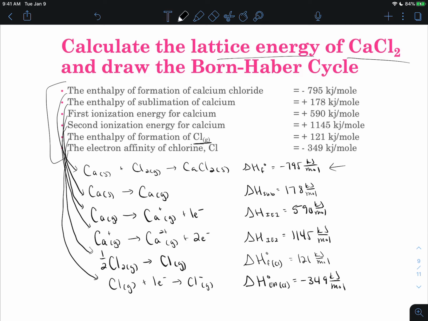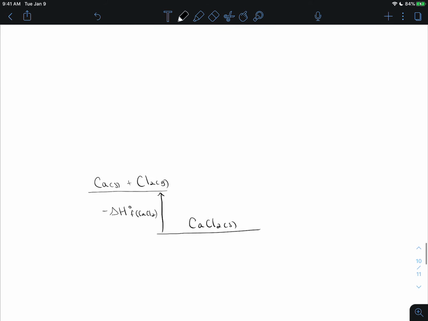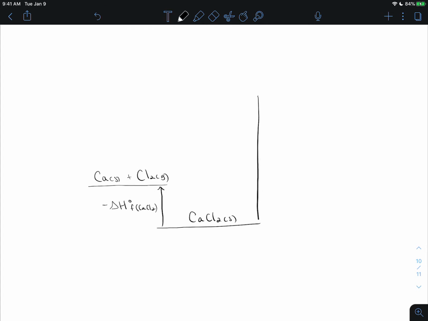The next thing I like to write in is my lattice energy, and that's what we're actually solving for. So our lattice energy, remember, it's our ions in the gaseous state forming our solid or the other way around. So the actual definition of lattice energy is taking that solid compound and breaking it down into ions. So it's going to be the negative of the lattice energy. So negative delta H, lattice energy of calcium chloride.